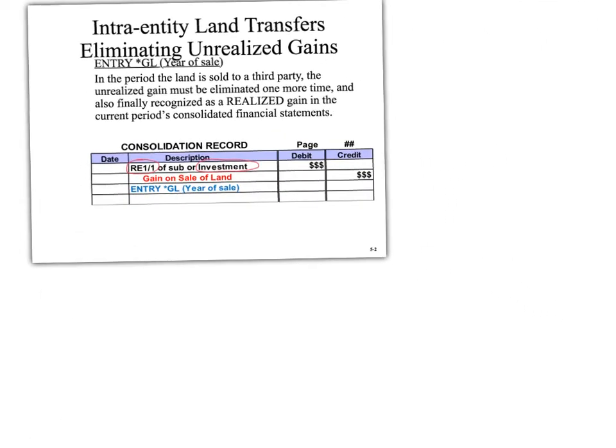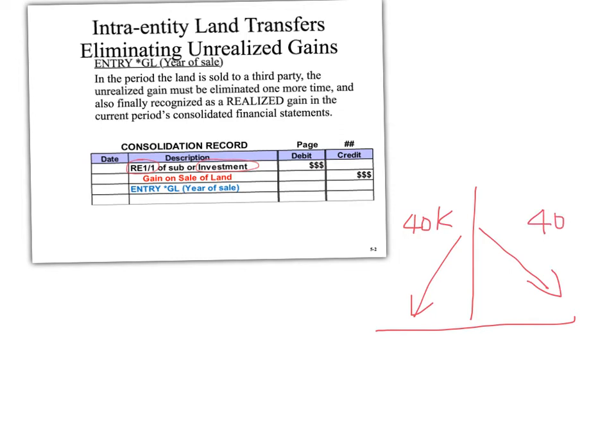This is similar to the unrealized gain being realized in the period of sales of inventory, where we take the unrealized gain, the 40,000, from the previous period, because it's retained earnings 1/1 or investment, and put this 40,000 into this year. So that's why you can see there is a credit of gain.